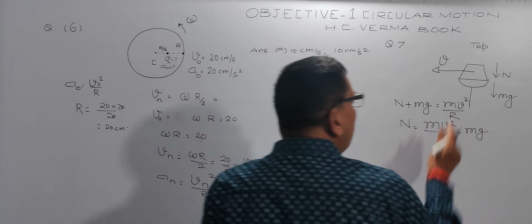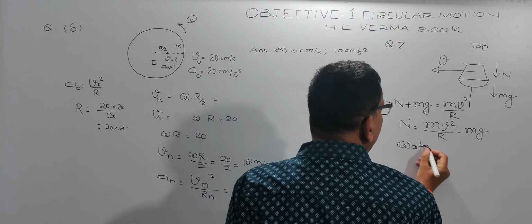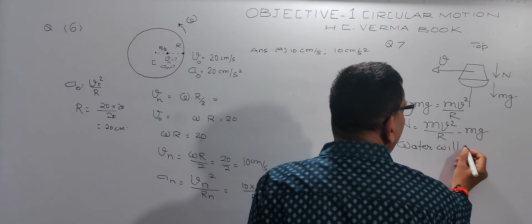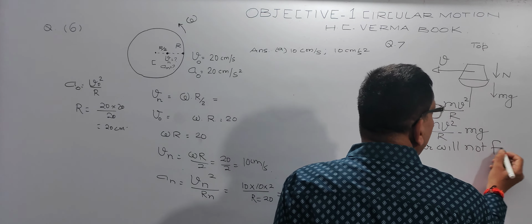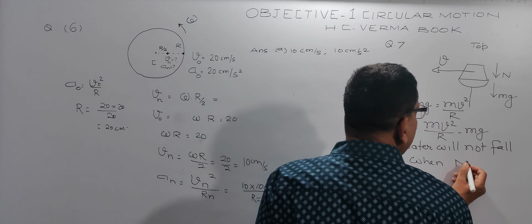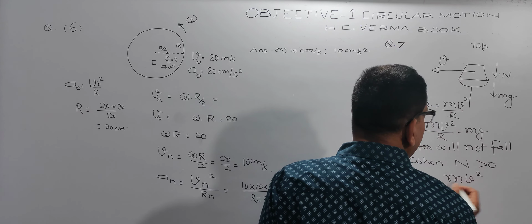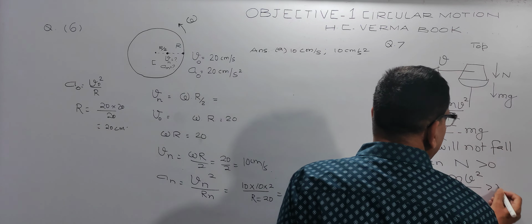Now you will observe water will not fall only when the normal reaction is greater than 0, or I can say mv square by r is greater than mg.